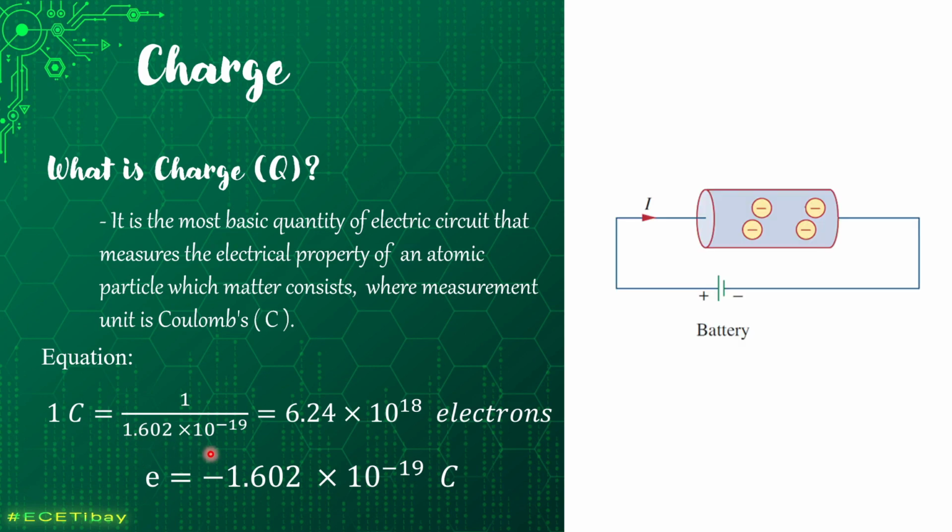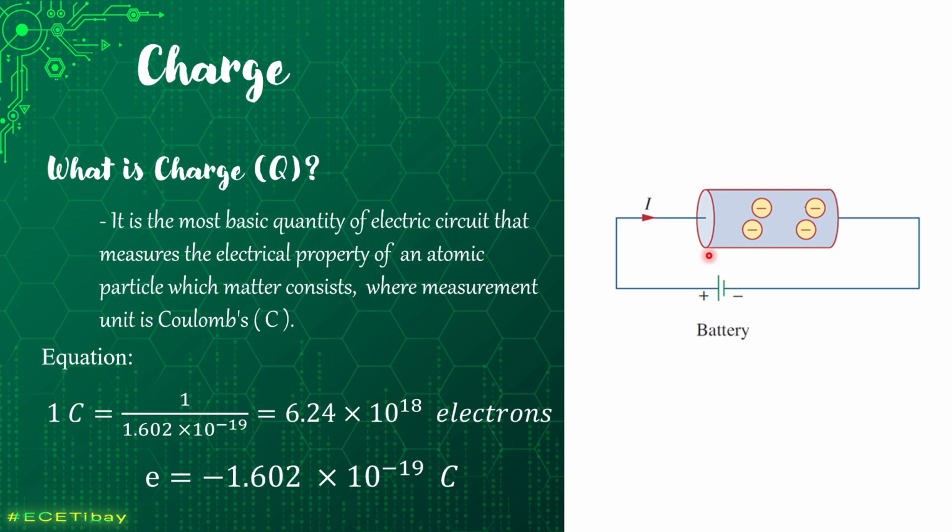To give you an idea of how charge is measured, since it is electrons that are measured, for example, in this cylinder, this circle with a negative sign represents the electron. If you have many electrons gathered together, we can measure the number of electrons using coulombs. That is the purpose of coulombs.